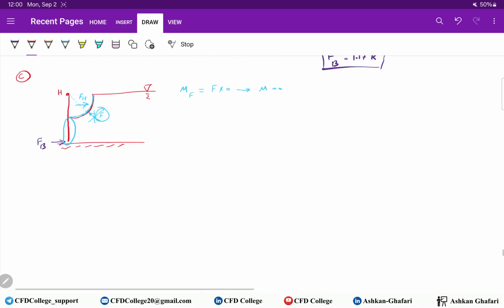So it seems that we are facing this situation. This is the bottom, this is the gate on which we have to find the force, and here is the water surface.